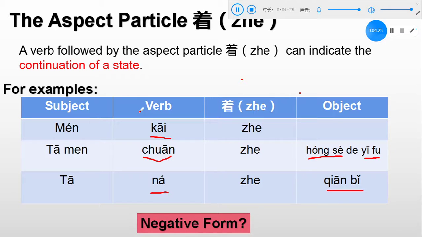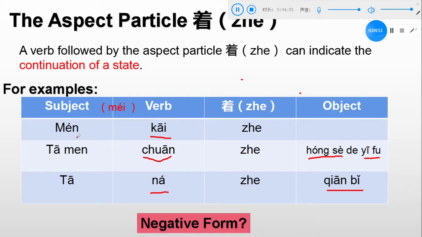So in this negative form, we use the word 没, and this negative word should be put before the verb. Alright, so the sentence structure changes into subject with 没, verb with 着, with an object.